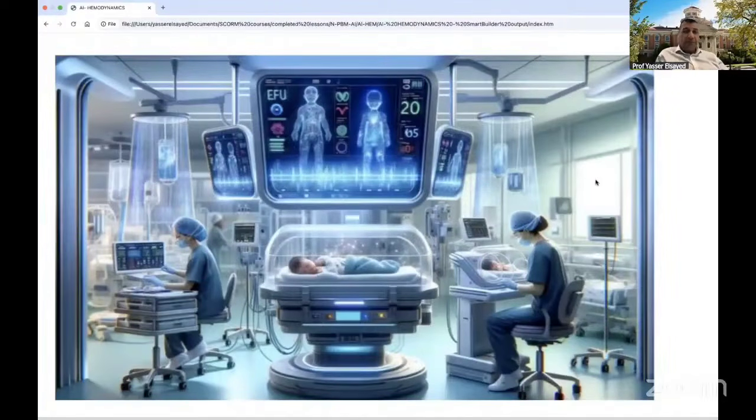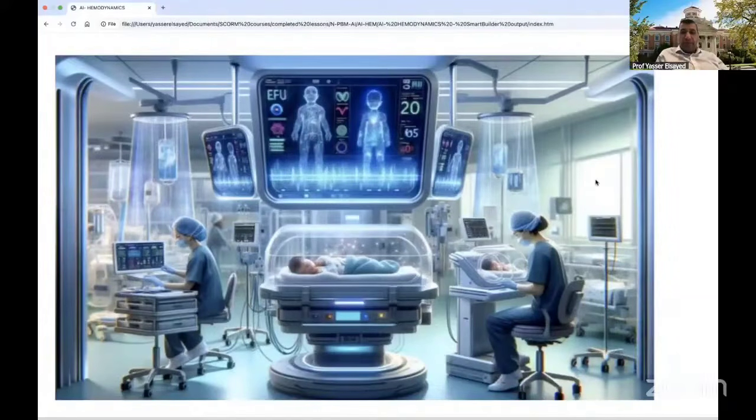Actually, there are a lot of companies in the US, Canada and Europe working on the tools that I'm explaining and talking about right now. So the incubator itself will be smart. The monitors will be touchless, just a camera, and the camera will detect the changes in the perfusion and express the blood pressure, cardiac output, oxygen saturation, everything touchless.